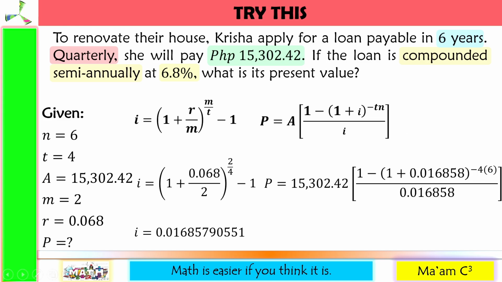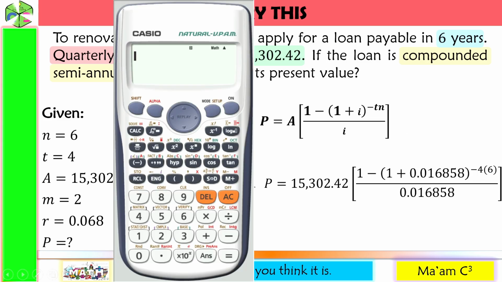Let's have our calculator once again. Let us compute. We have 15,302.42, open parenthesis, fraction bar, 1 minus, open parenthesis, 1 plus 0.0168858. Close parenthesis, our exponent is negative 4 times 6.